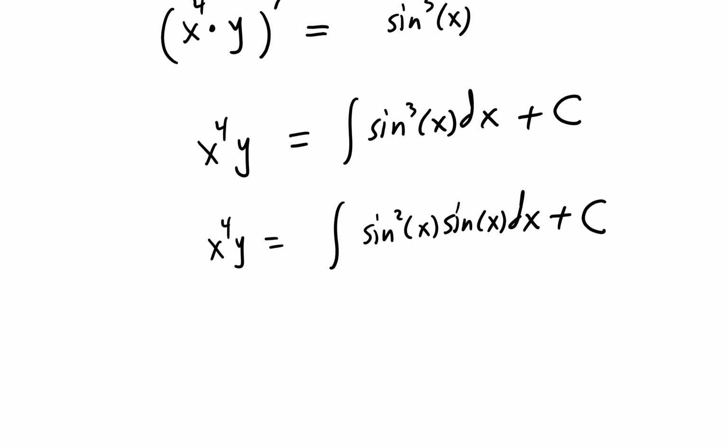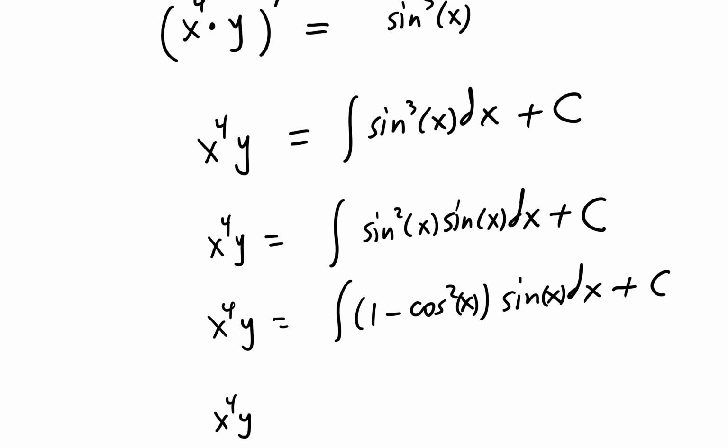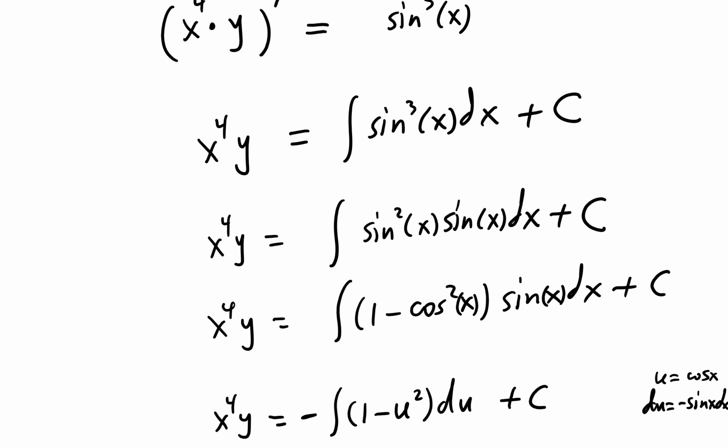After we save the copy of sine, we convert the remaining into cosine, so 1 minus cosine squared x times sine x dx plus c. Keep this the same, and how are we going to integrate this one? We can use the u substitution. u equals cosine x, du is negative sine x dx, so you need a negative out. Integral of 1 minus u squared du plus c.